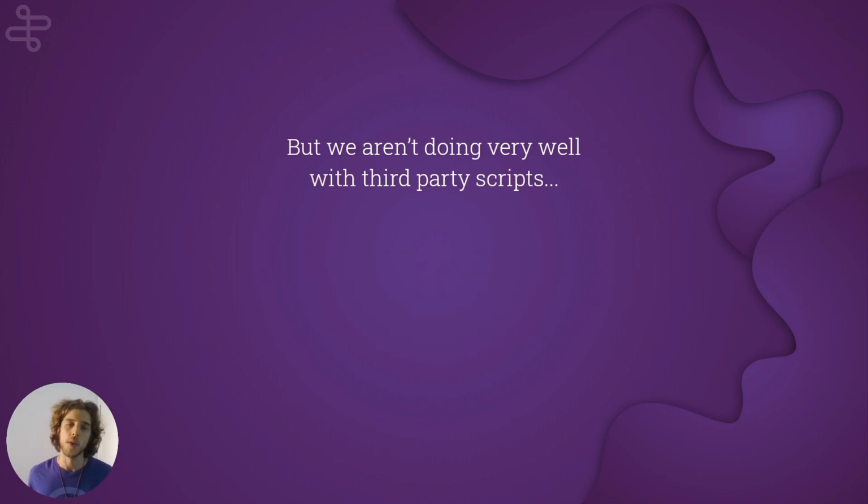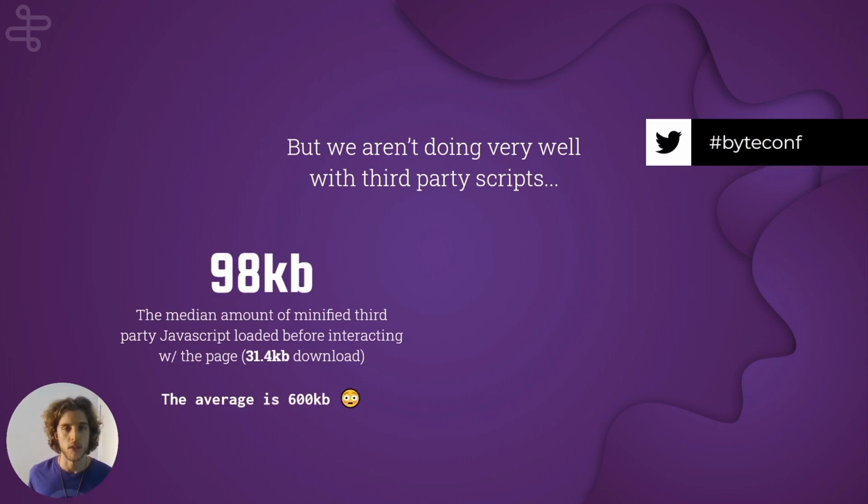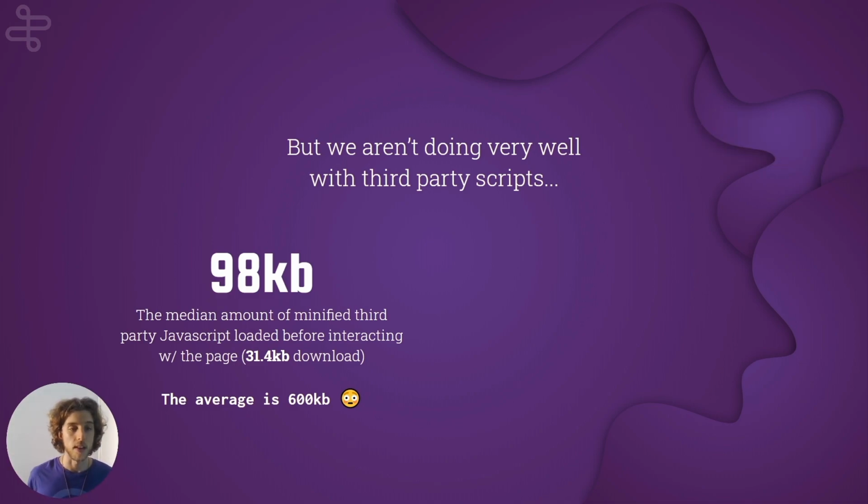So most of them are doing this pretty nice. But we aren't doing very well in terms of third-party scripts. So if we take a look at the amount of third-party JavaScript, right now it's 98 kilobytes, the median of JavaScript being downloaded before the user scrolling, before the user interacting with the page. This is actually 31 kilobytes download, just there's a difference there. But the average is 600 kilobytes.